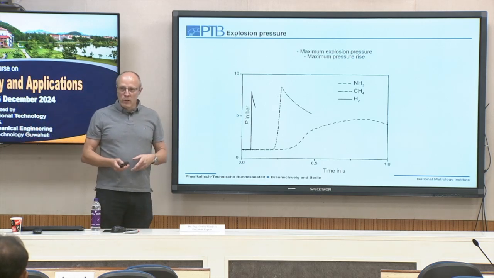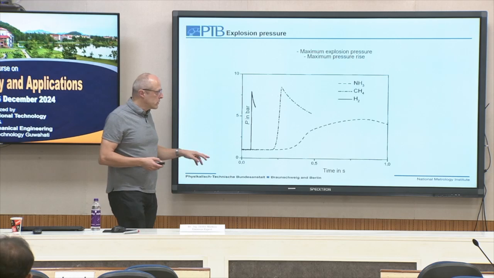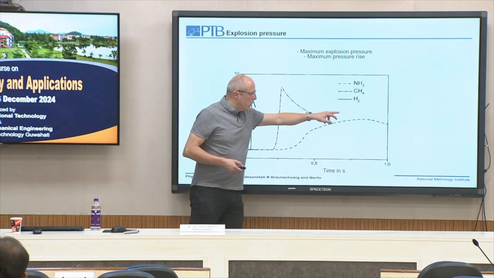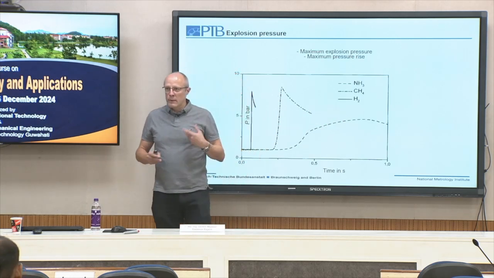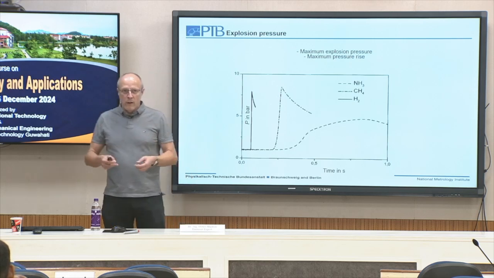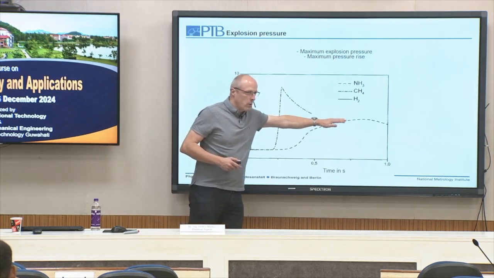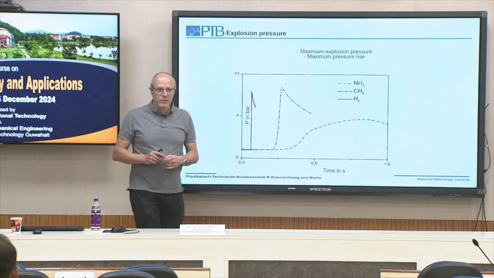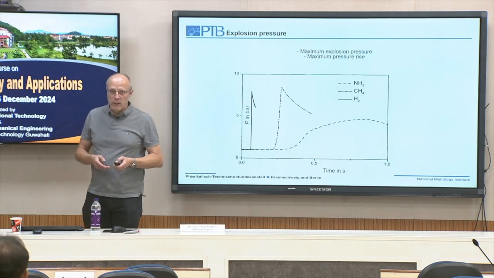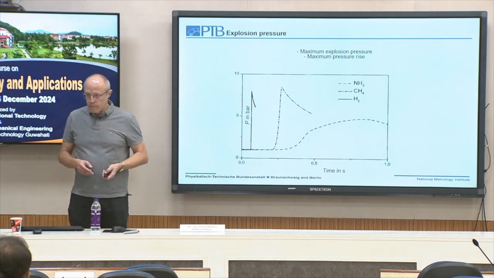So of course here cooling effects are very important, and so even though an ammonia flame has an adiabatic flame temperature above 2000 Kelvin, we measure much lower explosion pressures because here the cooling effects are dominating the system.